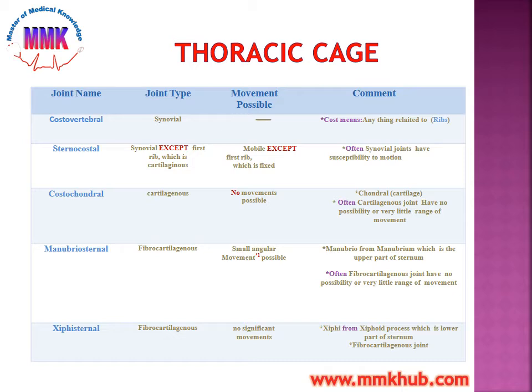The sternocostal joint is mobile except for the first rib, which is fixed. Where the joint is cartilaginous, no mobility is possible, while at the synovial joint movement is possible. Then the costochondral joint is the cartilaginous type of joint and there is no movement possible.